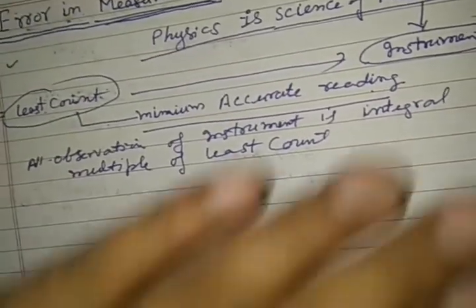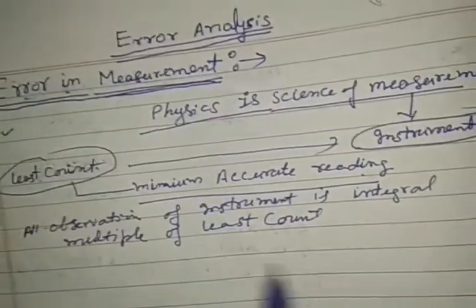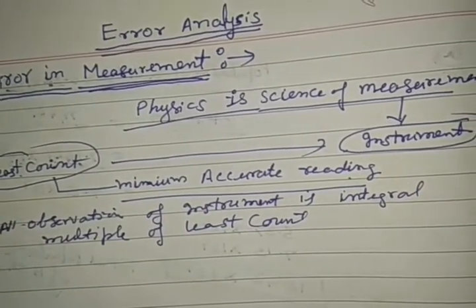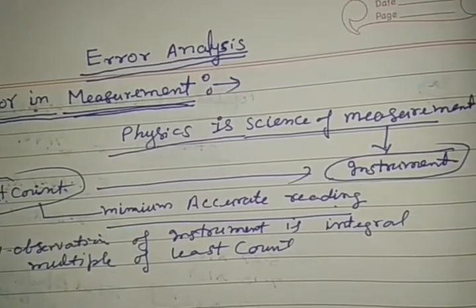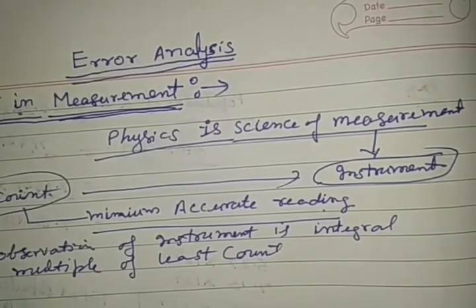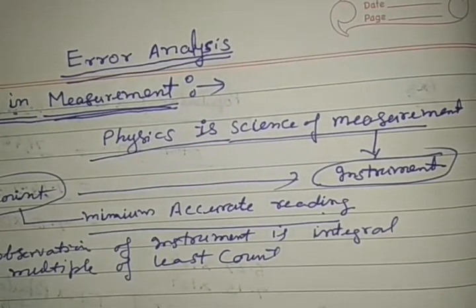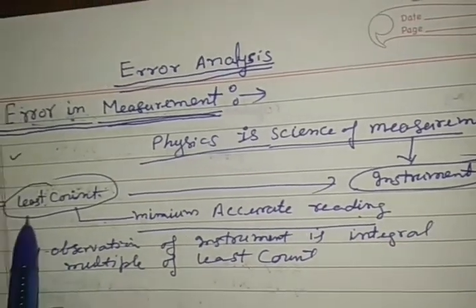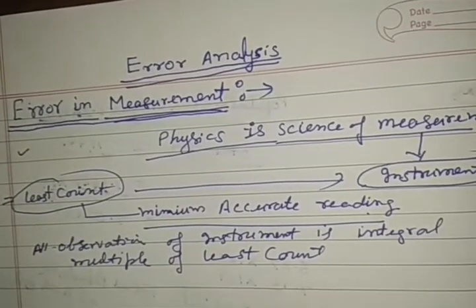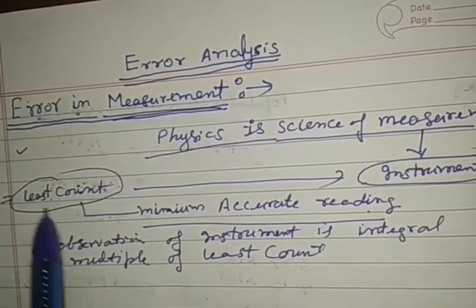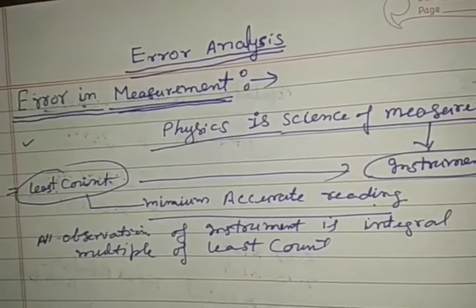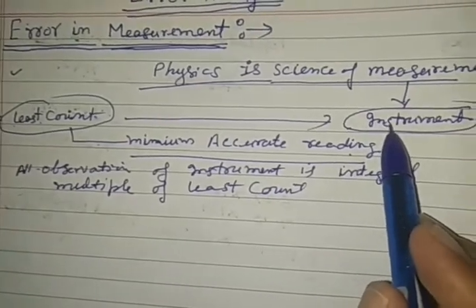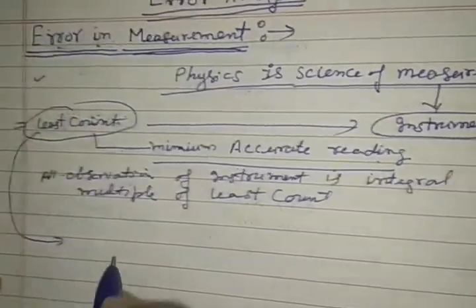The meaning of this whole explanation is this: when we are taking an observation from any measuring instrument like vernier calipers, screw gauge, spherometer, voltmeter, ammeter, or any type of measuring instrument, every instrument has its least count, and the reading obtained by a given instrument is always an integral multiple of the least count.